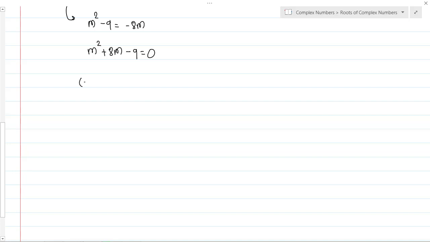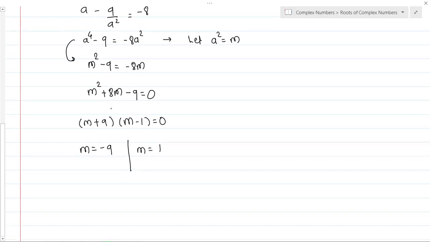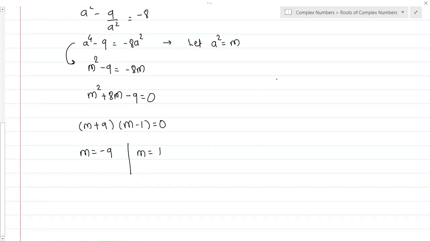So I will have (m plus 9) and (m minus 1) equals 0. So m equals minus 9 or m equals 1, and you know what value we have taken for m? This is nothing but a square.